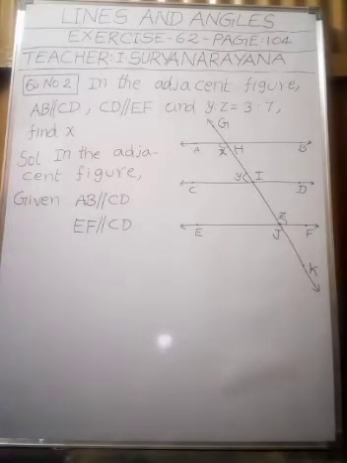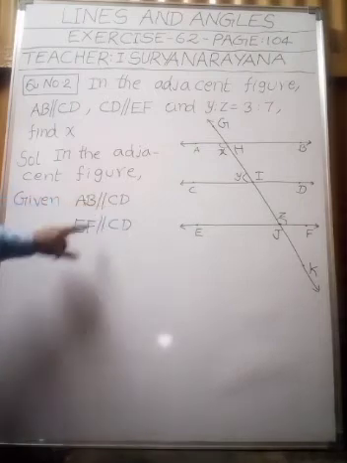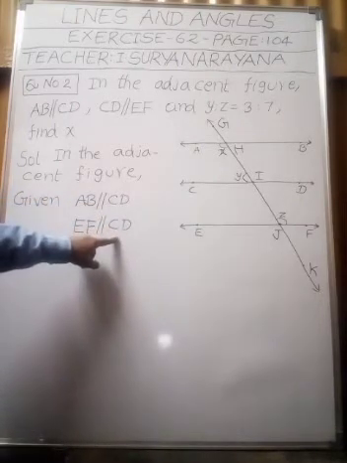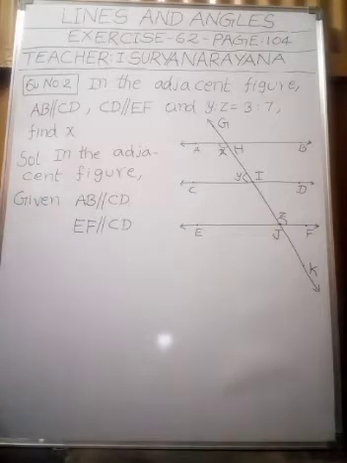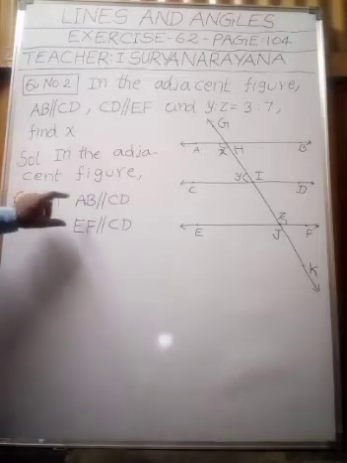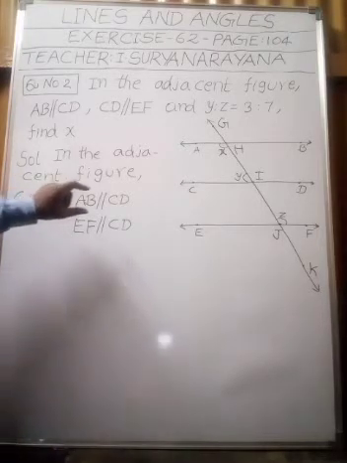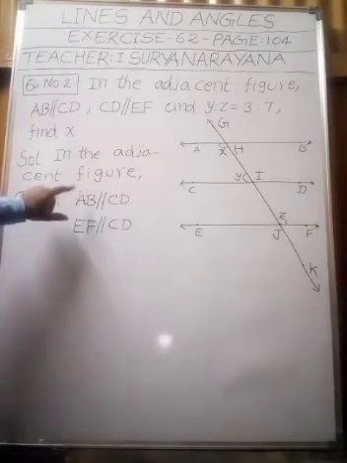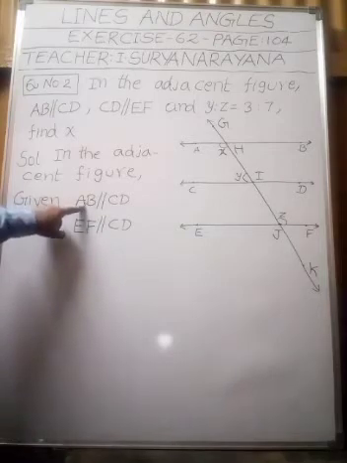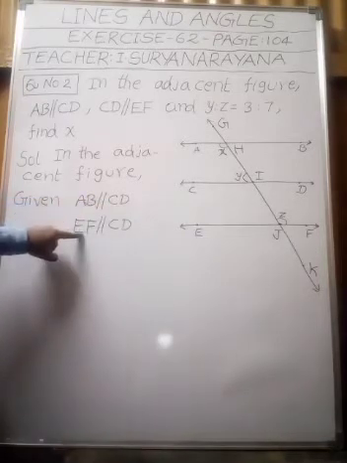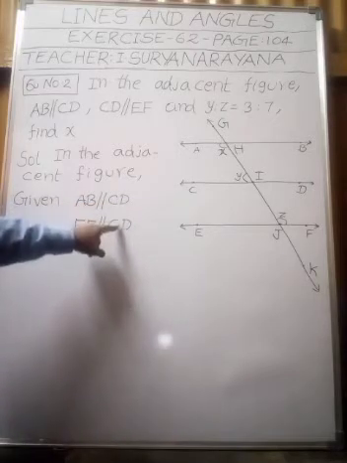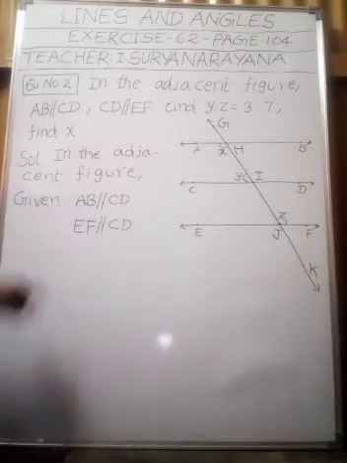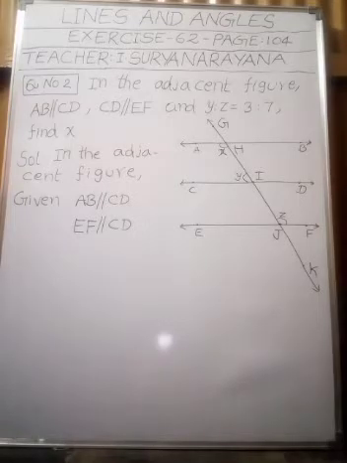We can write like this also: AB is parallel to CD, EF is parallel to CD. We have discussed one point. Do you remember that point, my children? If two lines are parallel to the same line, then the two lines are parallel. Here this line AB is parallel to CD, EF is also parallel to CD. These two lines are parallel to the same line. Then we can say that AB is parallel to EF.